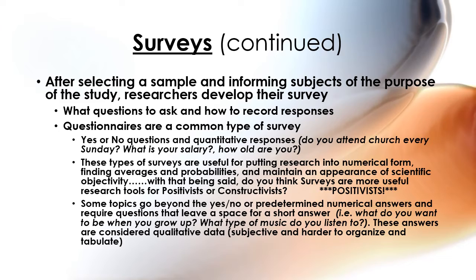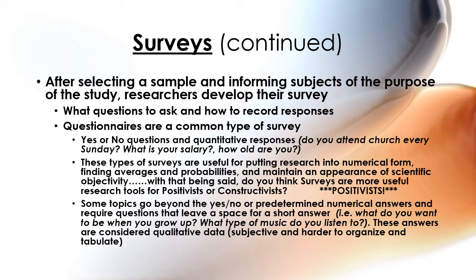For example, some questions you might see on a questionnaire would be, do you attend church? Yes, no, sometimes. What is your salary? Between 15 and 30,000, between 30,000 and 45,000, between 45,000 and 75,000, or 75,000 or higher, and you would circle one of those quantitative responses.